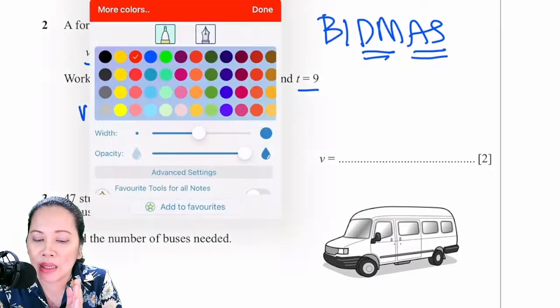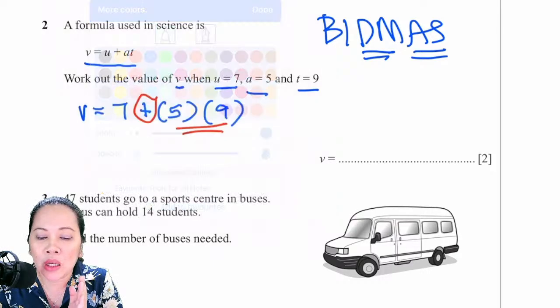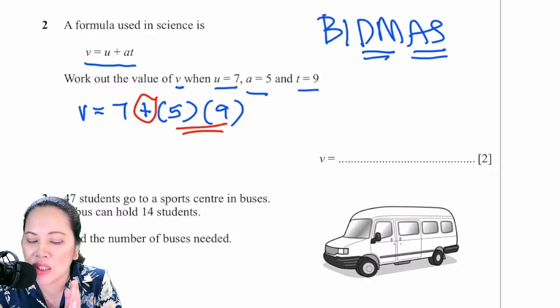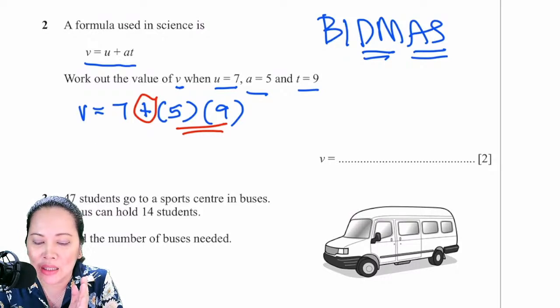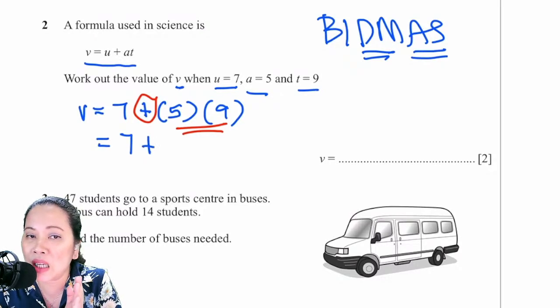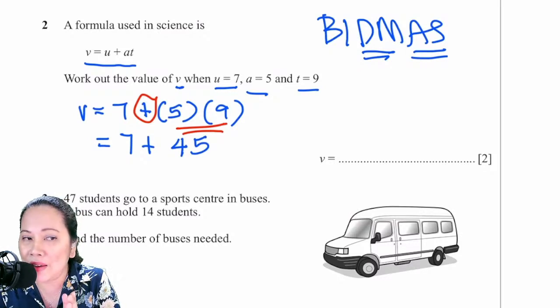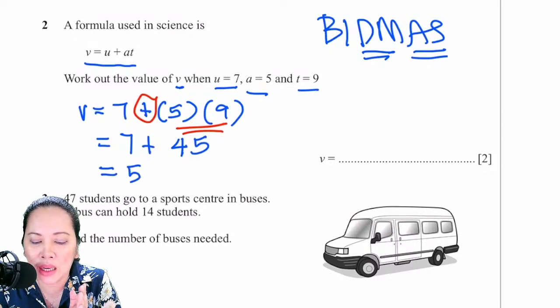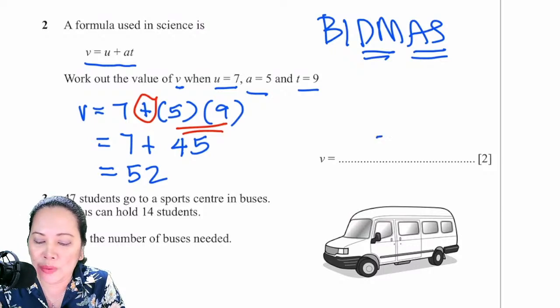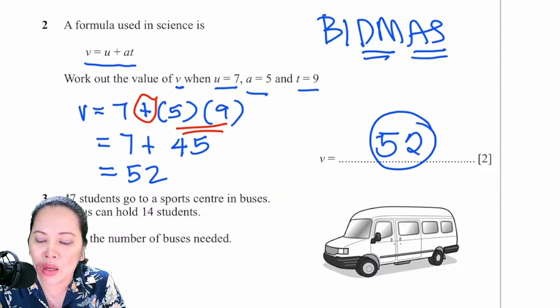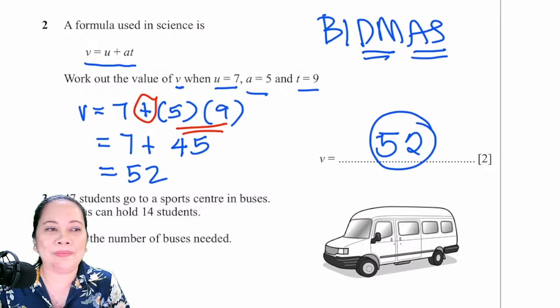So when we solve this problem, we have to multiply 5 and 9 first. So that's 7 plus 5 times 9, which is 45. Then we add 7 plus 45, and you will get 52. Therefore, V's value here will be 52.